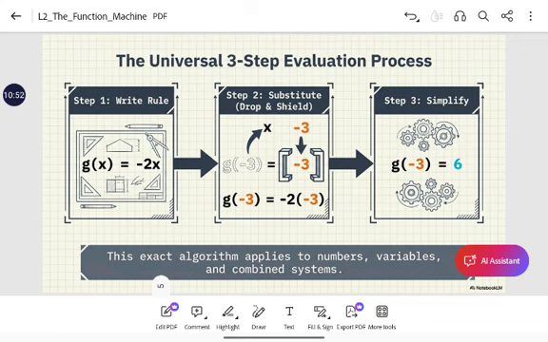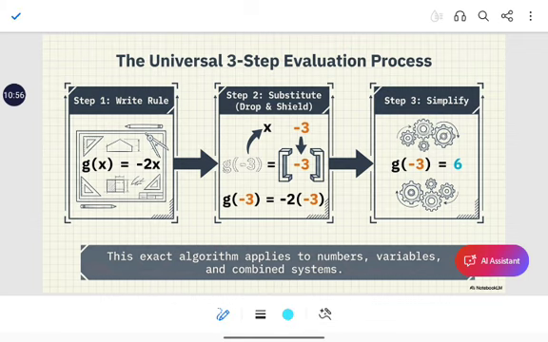What is the function equal to? From our slide, we see that g of x is equal to negative 2x. So negative 2 times x. What does it mean?